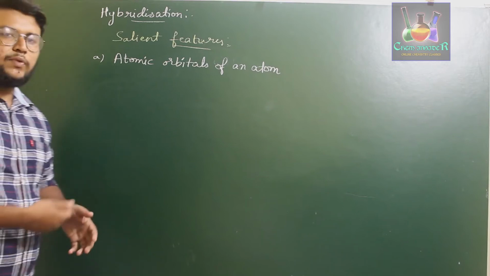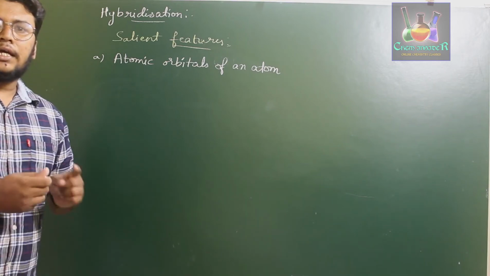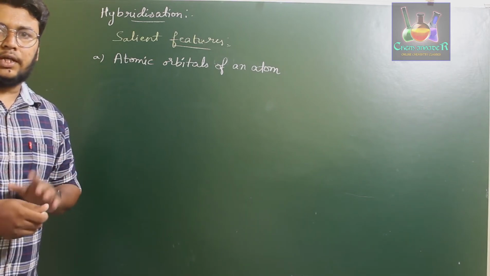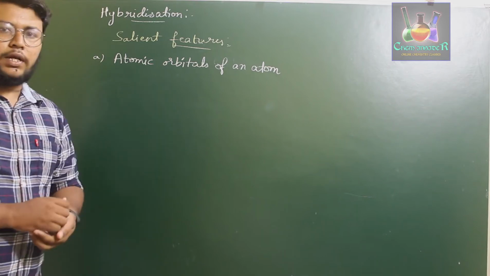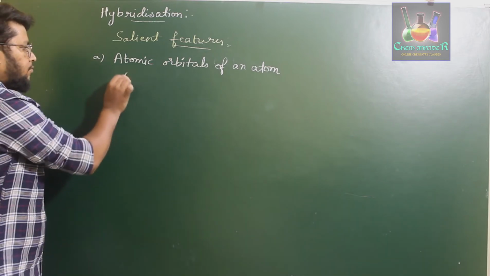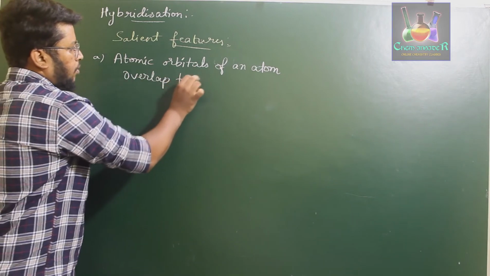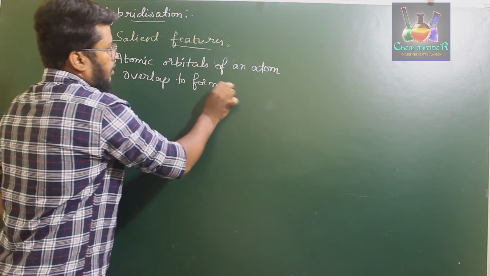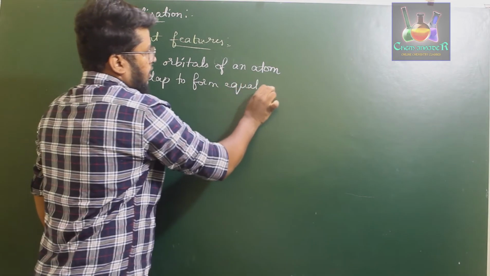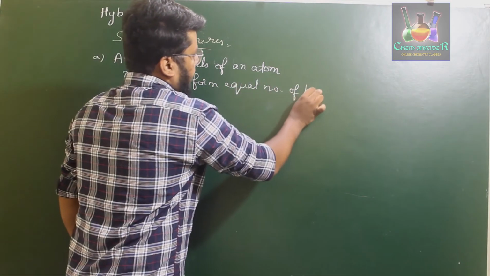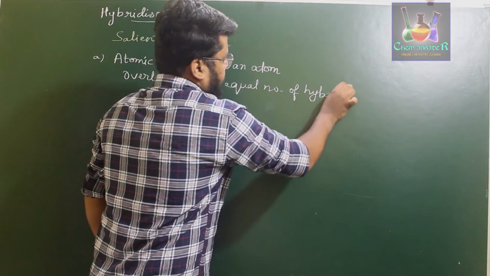get overlapped with one another to form an equal number of hybrid orbitals. Atomic orbitals of one atom overlap to form an equal number of hybrid orbitals.